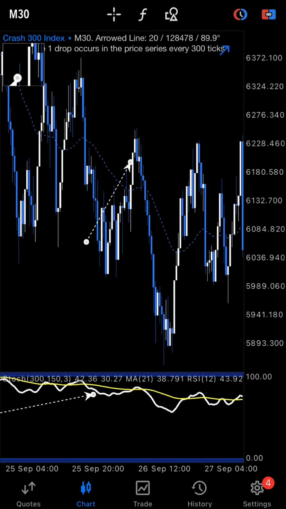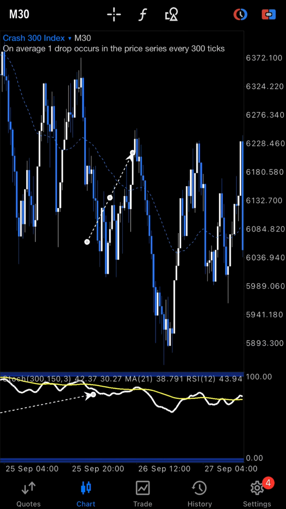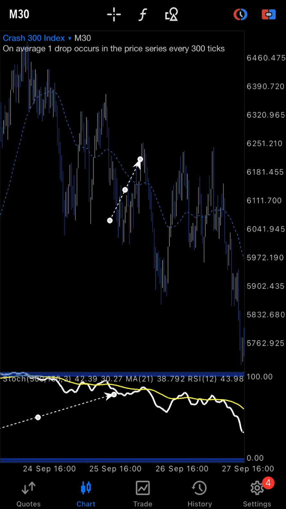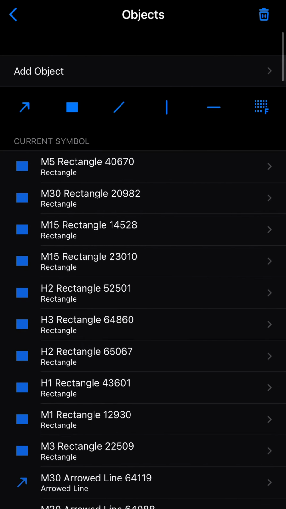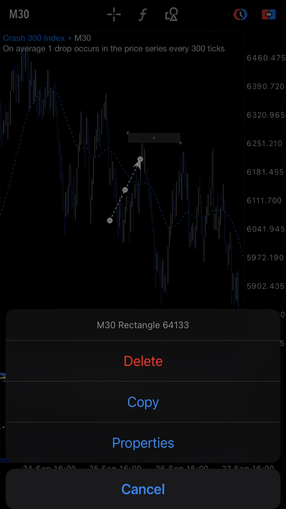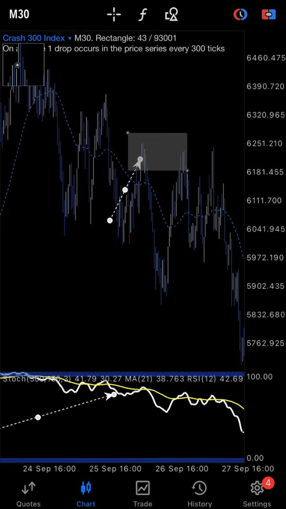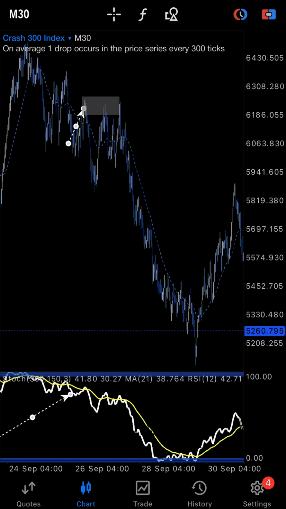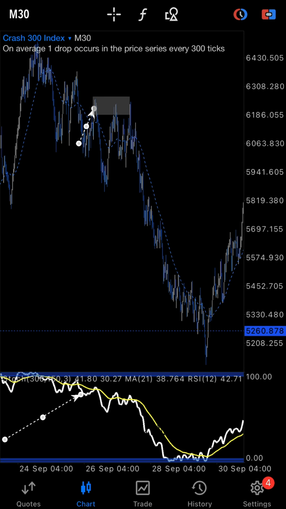Wait for a rejection candle, any rejection candle you see, then you enter your trade. From the rejection candle here, you enter your trade.